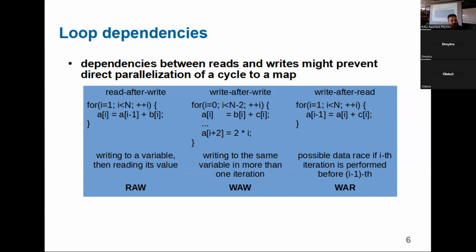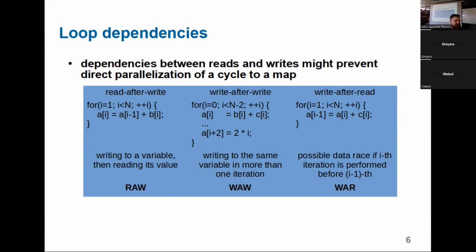Those dependencies only appear when you're also writing to your array. If you are not changing your input array, then this will not appear. But if you are, then you have these 3 basic types of dependencies.